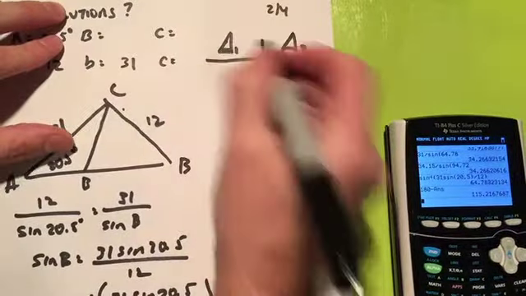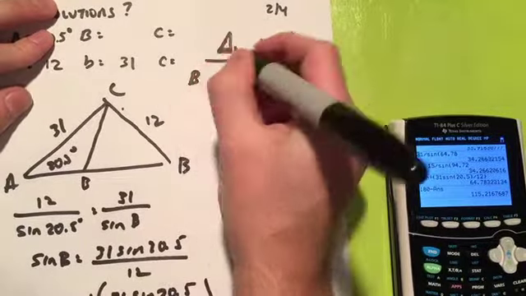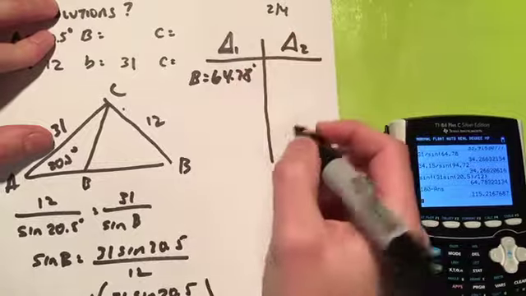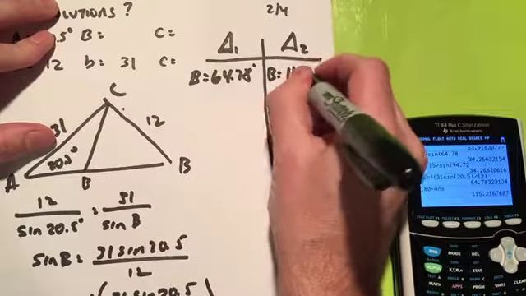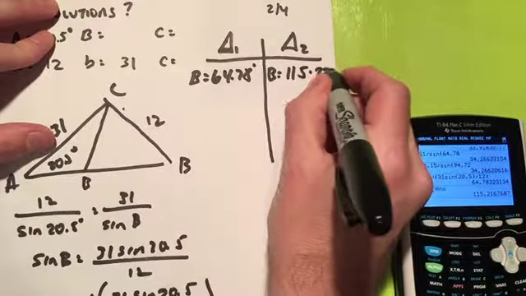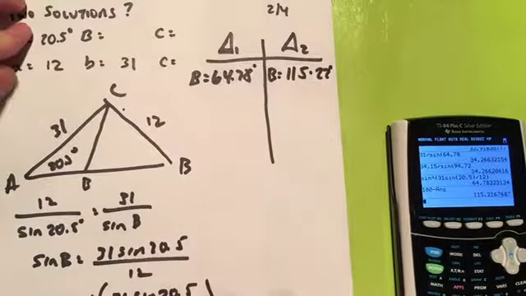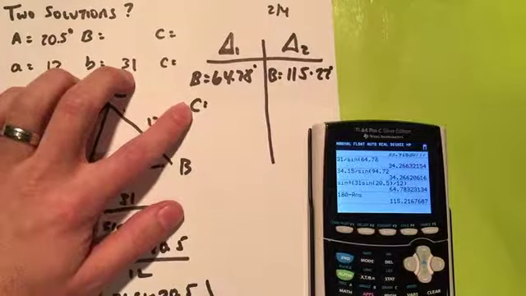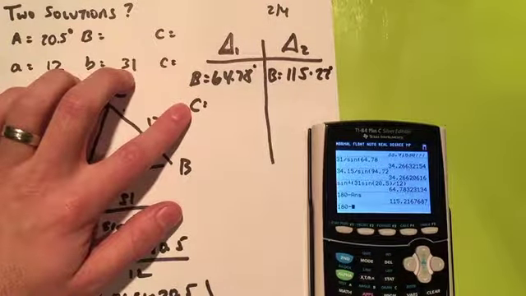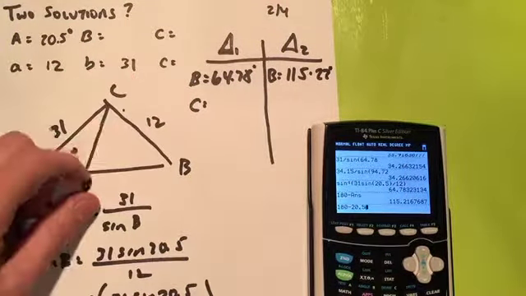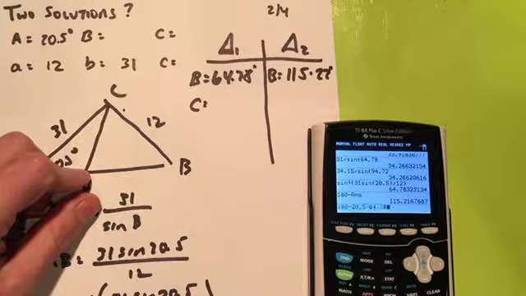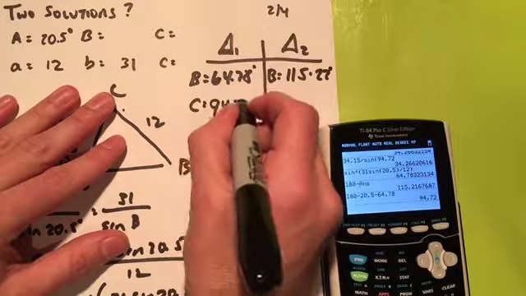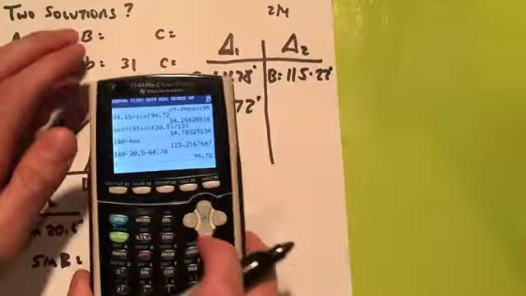We're going to split this up into two triangles. So B could be 64.78 degrees, or B could be 115.22 degrees. It's 180 degrees in a triangle, so if we find angle C, we've got 180, subtract 20.5 for A, subtract 64.78 for B. One possible outcome for C is 94.72 degrees.